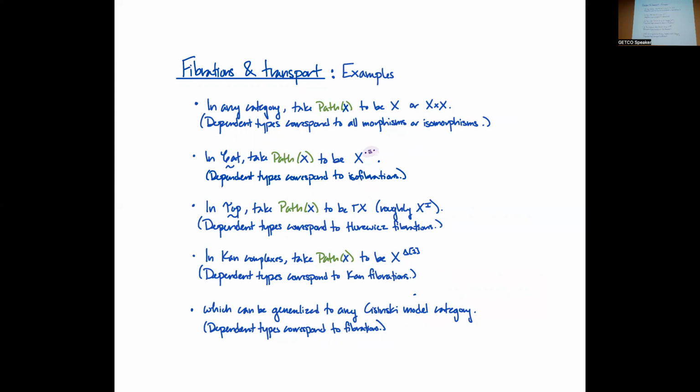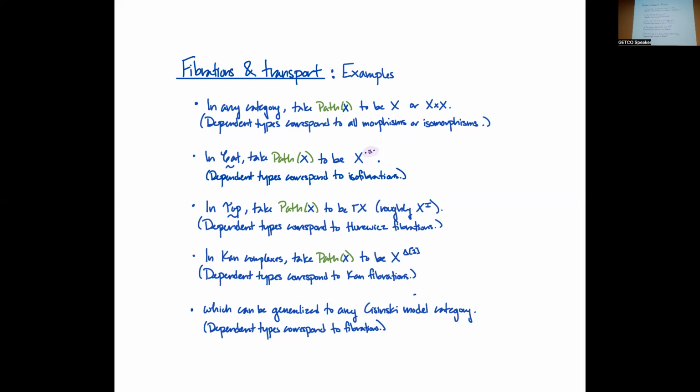And when we consider X times X, we're saying really everything in X is equal to everything else, which doesn't have a name, but people don't study that, of course. And then the dependent types correspond to all morphisms when we take the path space to be X, or isomorphisms when we take it to be X times X. So that's the notion of dependent types.